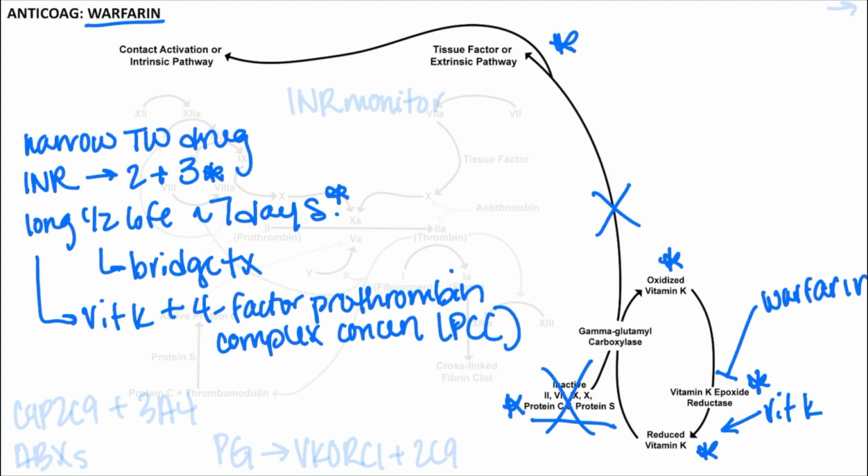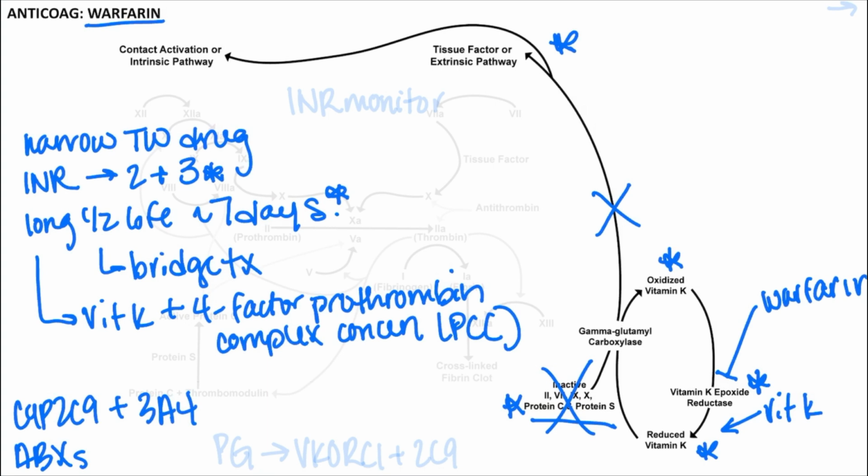Also remember that there are a slew of drug interactions that risk throwing the patient out of the therapeutic window, like with CYP2C9 and 3A4 inhibitors and inducers, as well as antibiotics that are capable of altering the gut flora and its vitamin K synthesis actions.